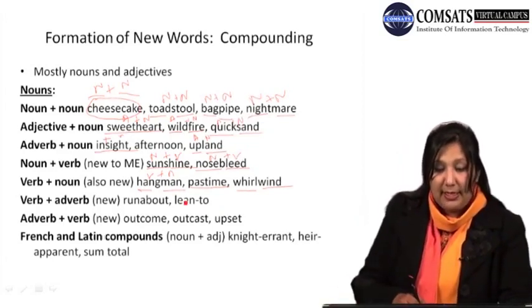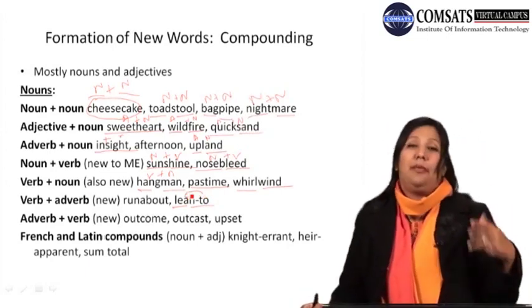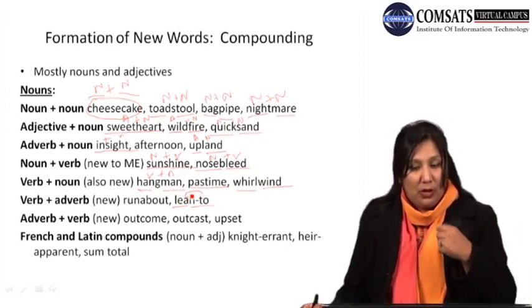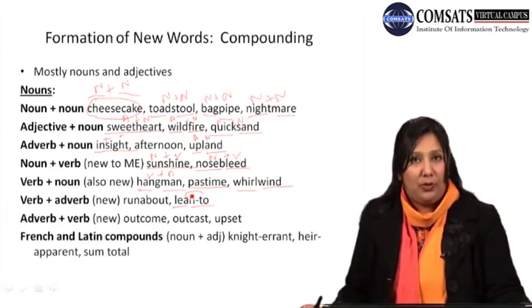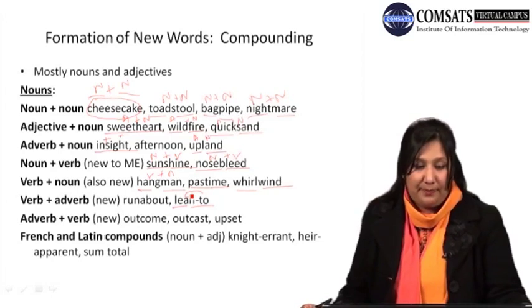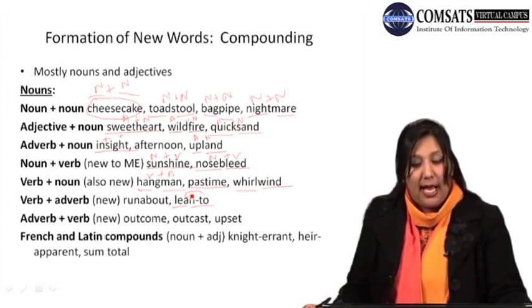The next is lean to. Lean to, as it is referring to, is modifying the meanings of lean. So to is referring back to lean, and in this way it would be a compound word having the components of verb and adverb. The next is adverb plus verb: outcome, outcast, and upset.